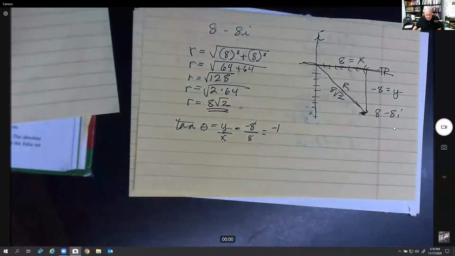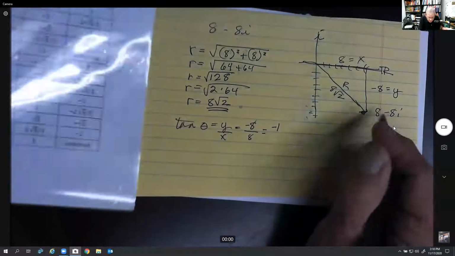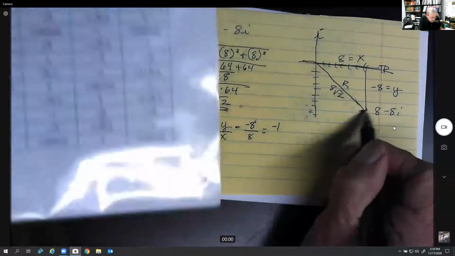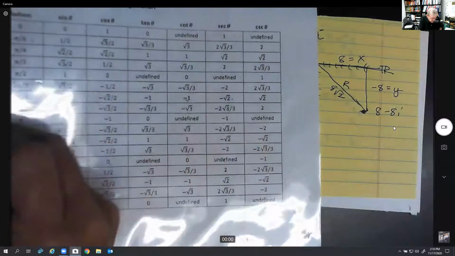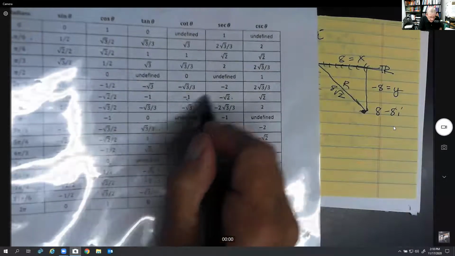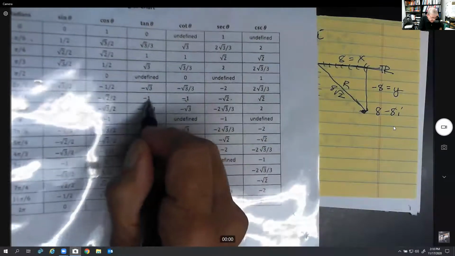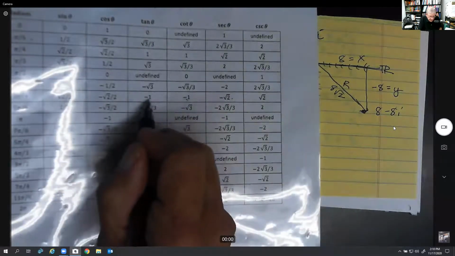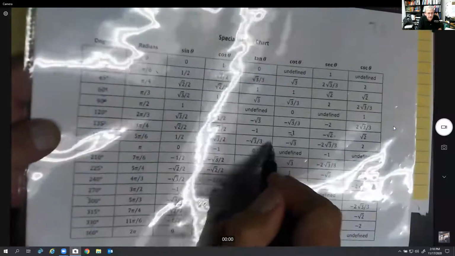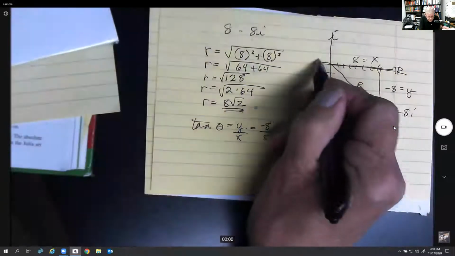So when does the tangent equal a negative 1? We can see tangent equals negative 1 at 135 degrees. Wait, that's cotangent. Yeah, tangent, the same thing. It's going to be at a negative 135 degrees, but that would be if it's in the second quadrant. This is in the fourth quadrant.